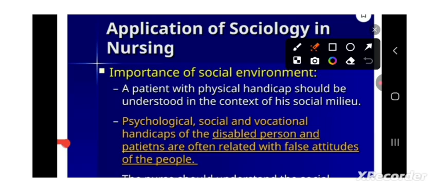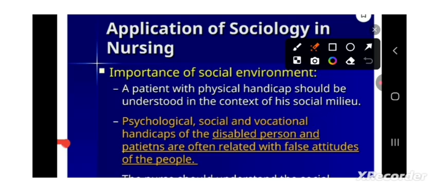A physical disability is only a handicap if the environment makes it one. For example, a wheelchair user is less handicapped in a city with ramps and elevators than in a city with only stairs. The nurse must assess the patient's challenges not just medically but based on support or barriers present in their immediate social world.